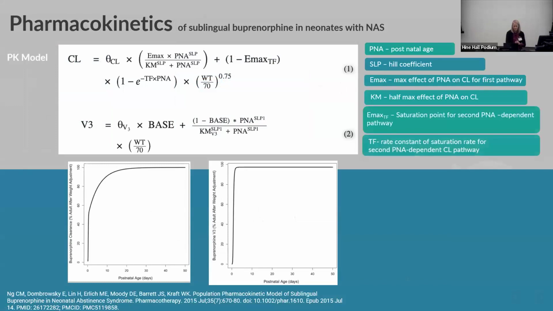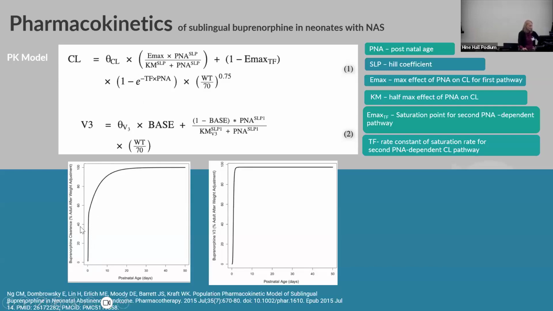Okay, so our pharmacokinetic model, I just wanted to show you the key elements. If you're not a math person, don't worry. Our clearance here is defined in addition to this allometric scaling term, which is something we normally do in all of our population models. We also have these maturation pieces where we have this steep increase characterized by this Emax function relative to postnatal age, which is measured in days.